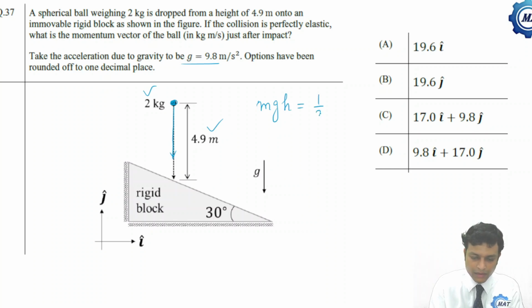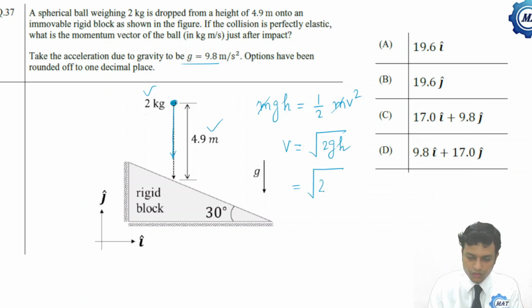Applying the principle of conservation of energy, we get this: m cancels, v is root over 2gh. That is 2 into 9.8, which is given, and h is 4.9, so v is 9.8 meter per second.